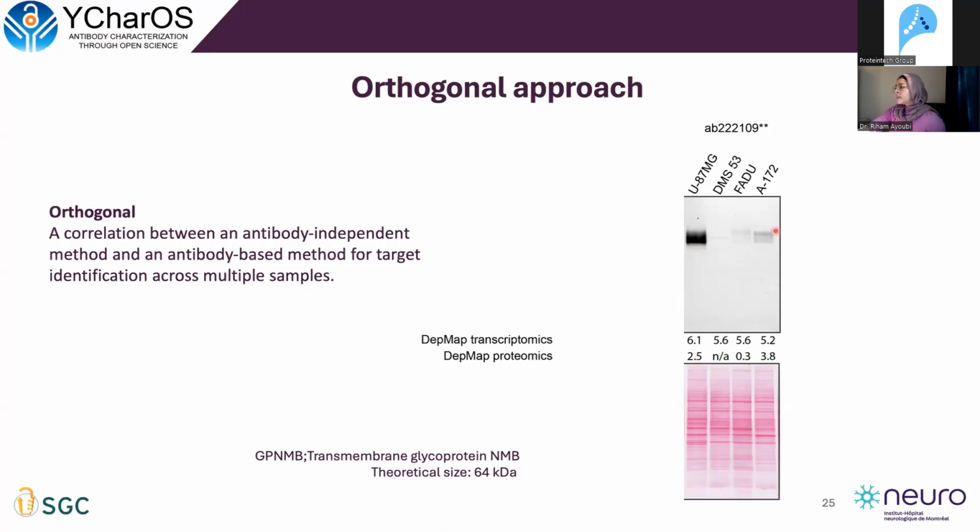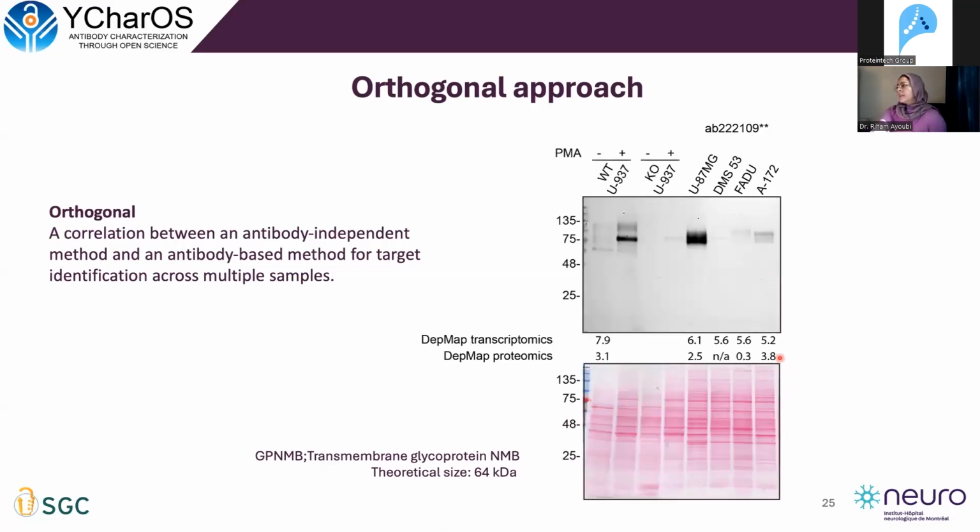However, the A172 cell line shows a lower Western blot signal, although the proteomic value is higher at 3.8. So based on this analysis and this lack of correlation between Western blot antibody-dependent results and transcriptomics and shotgun proteomics independent of antibodies, this antibody could have failed the orthogonal testing and could have been overlooked.